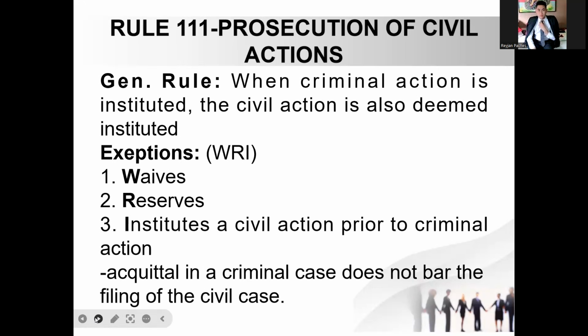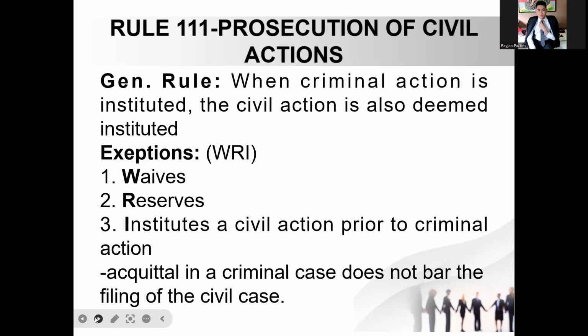Ang exemptions, of course, number 1, kapag na-waive yan, or na-reserve, or institute a civil action prior to criminal action. Yung number 3, very important yan, institutes a civil action prior to criminal action. Ibig sabihin, nakapag-file siya ng tinatawag natin na prejudicial question. Tandaan niyo, under Rule 111, acquittal in a criminal case does not bar the filing of civil case.